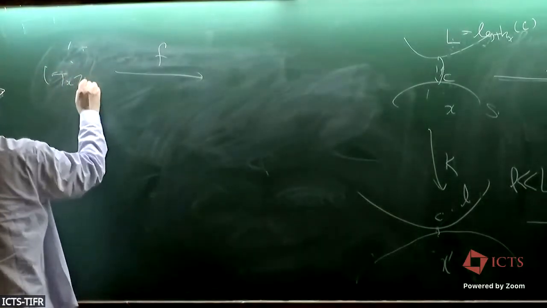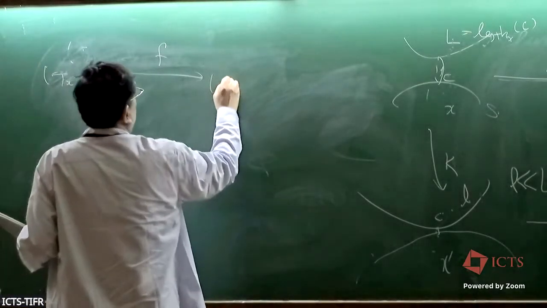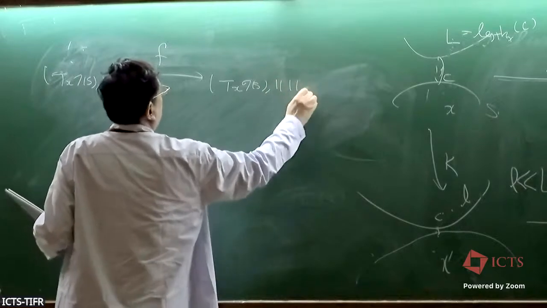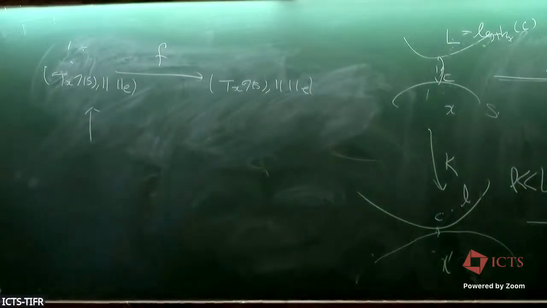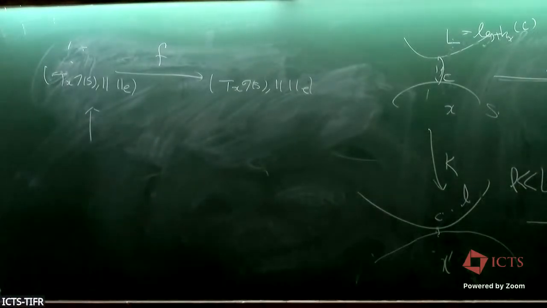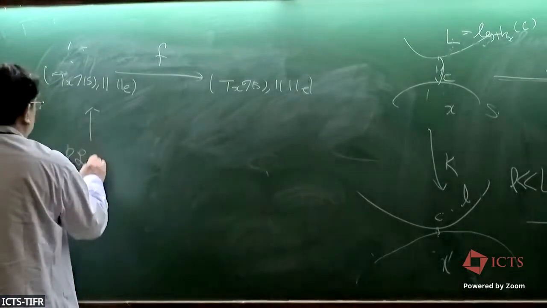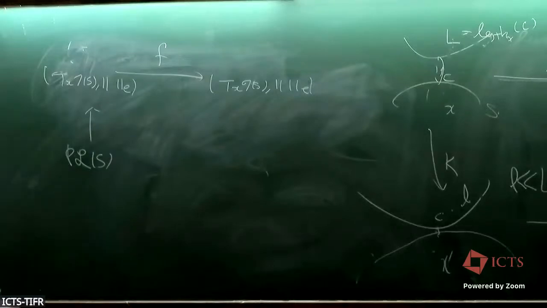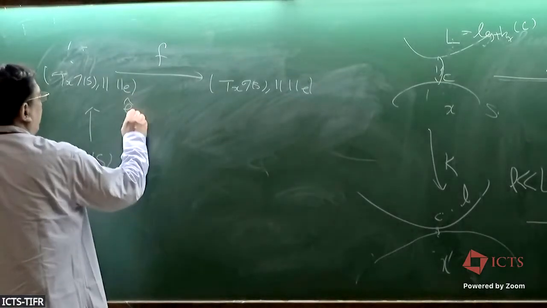That's our situation. We can embed the projective lamination space into the unit sphere of the tangent space by taking lambda to E sub lambda.